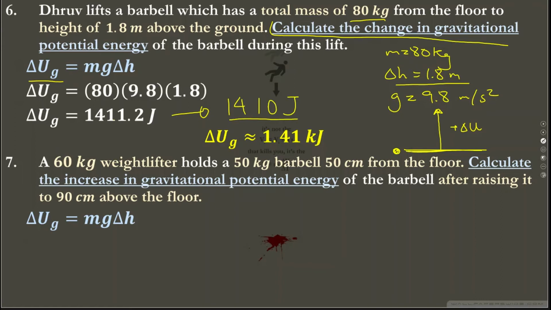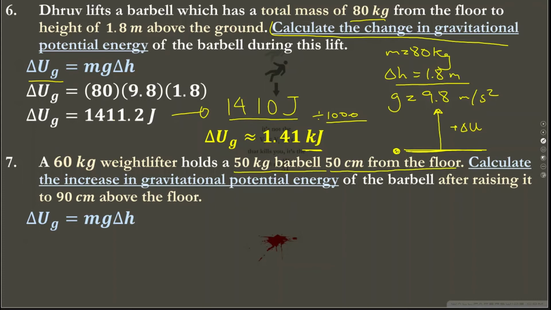If you want to make it into a smaller number, then you can divide it by 1,000 to convert it into kilojoules, which is the answer we have here, 1.41 kilojoules.